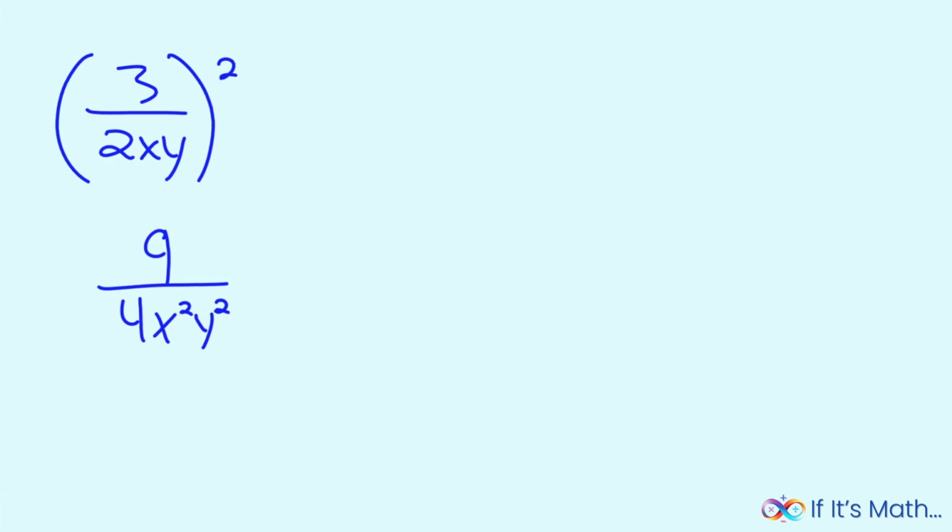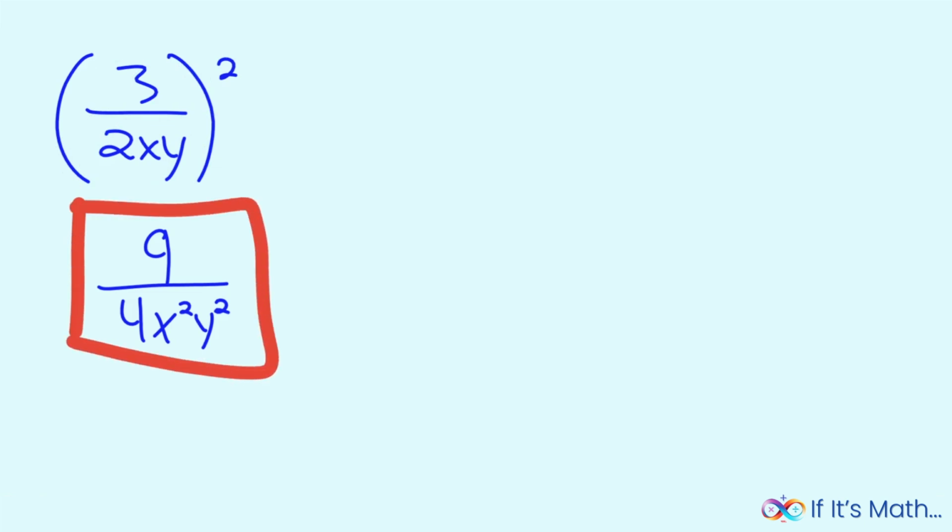Just remember, when you distribute an exponent through a fraction, you raise everything up to that exponent. And so this is our final answer. A really bold box, right? So that gives you 9 over 4x squared y squared as your final answer.